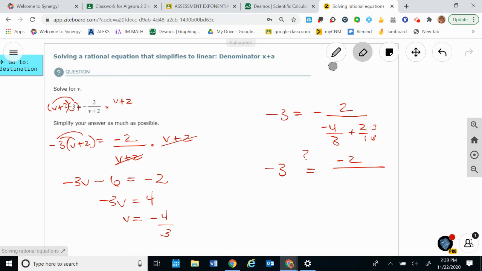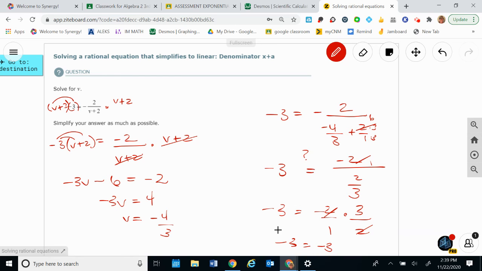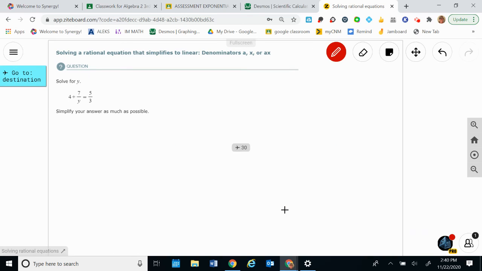I can add those together because that's 6 thirds, so I'm going to get 2 thirds positive. Negative 3 is equal to 2 over 1, and to divide fractions you multiply by the reciprocal. Boom. Then you get negative 3 equals negative 3. I am not going to make you do that, but it's good practice if you wanted to.